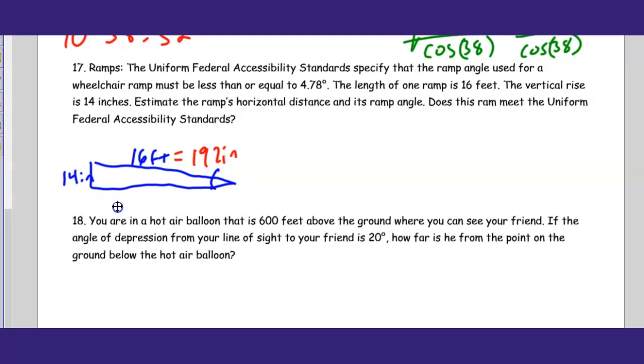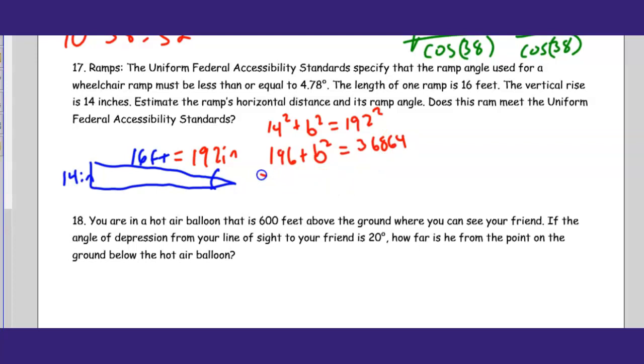Now I'm going to do the Pythagorean Theorem, and this is the hypotenuse, this is the opposite side. So I'm going to go 14 squared plus b squared equals 192 squared. In doing so, I get 196 plus b squared equals 36,864.